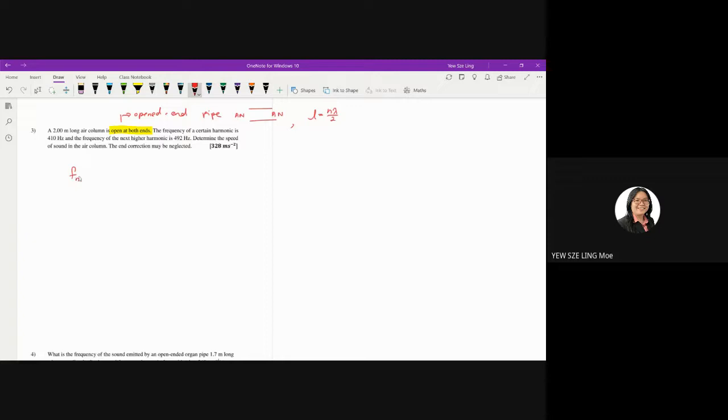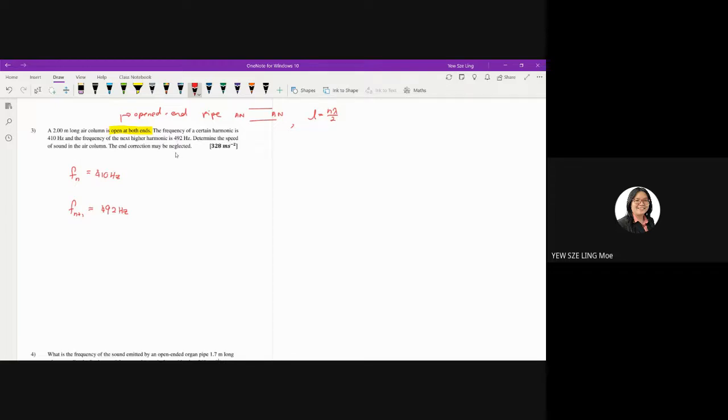We don't know which harmonic, so I label it as n. Fn equals 410 hertz. And the next higher harmonic, Fn plus 1, equals 492 hertz. Determine the speed of sound in the air column.